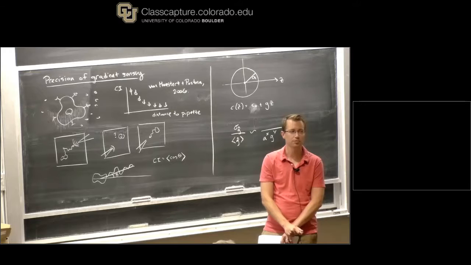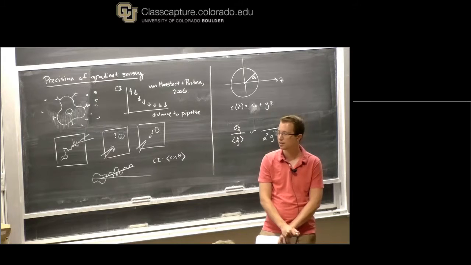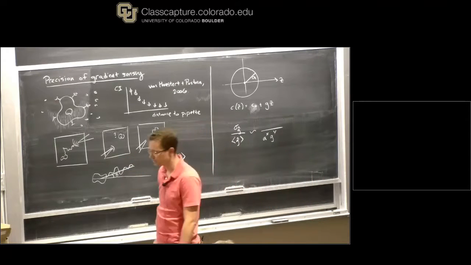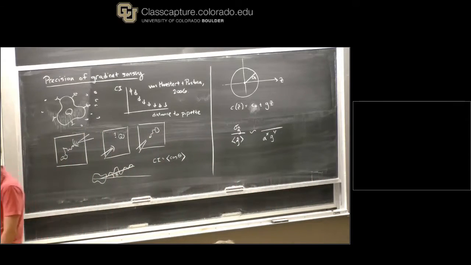I have an argument for why C naught being big might make things more precise. That is a more classic argument, certainly the case for concentration sensing: the more molecules you have in the vicinity, the more you count in a fixed amount of time, and therefore the lower your relative noise.